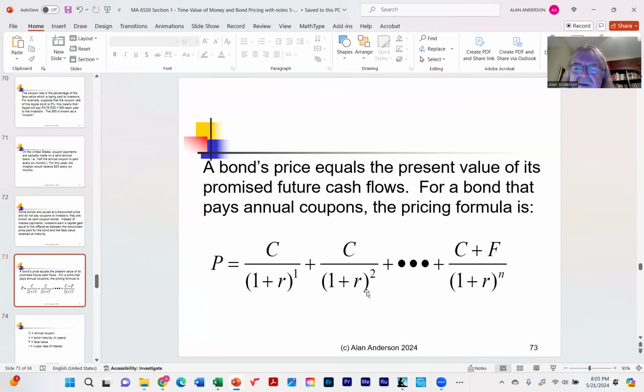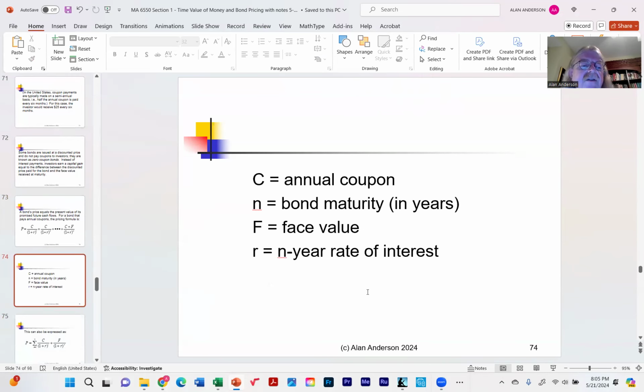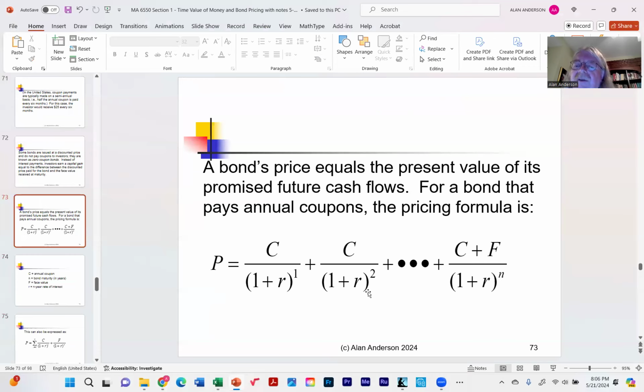Now the R here, that rate of interest, is determined primarily by the level of interest rates in the economy, the maturity of the bond, and most importantly, the credit risk of the corporation that issued it. Or in the case of the Treasury, it is just the lowest rate of interest you can earn in the economy for that maturity level. By the way, in this particular case, this R has a very special name.